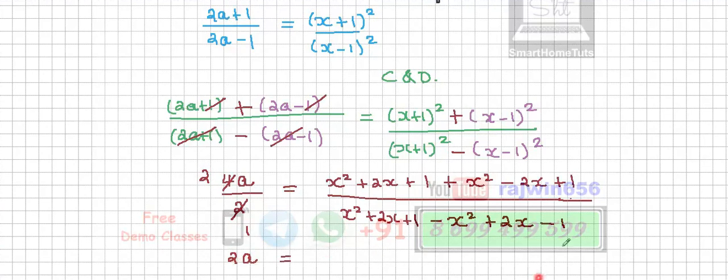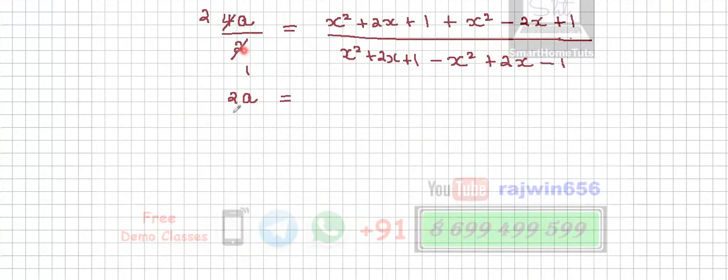This is equal to. So we have cut this part. This becomes 2a. Now you just cancel out the terms which are possible. Plus 2x minus 2x, so this is going to get cancelled. x square plus x square, this is going to become 2x square. Plus 1 plus 1, this is going to become plus 2.